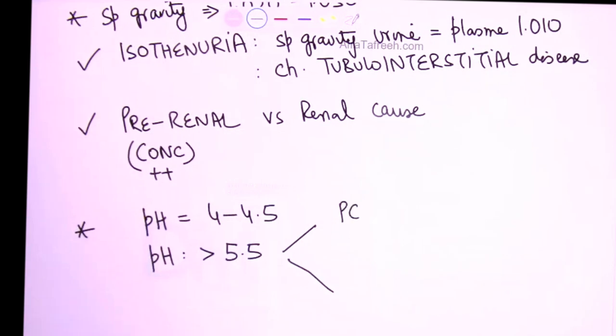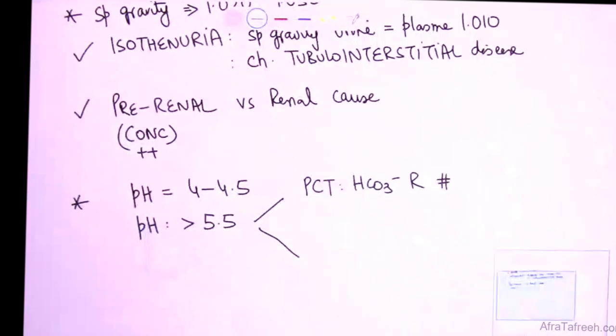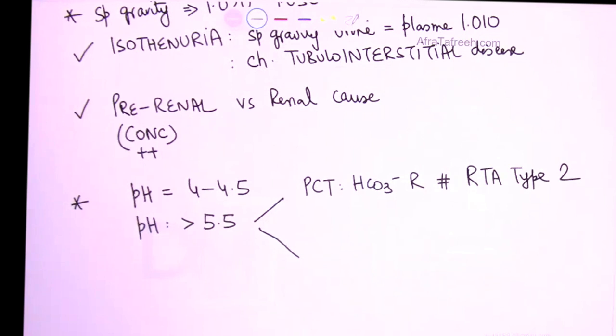One could be a disease of the proximal tubule, which is responsible for reabsorption of bicarbonate. If this reabsorption of bicarbonate is lost, then the person will have bicarbonaturia. Bicarbonaturia means that alkali is lost from the body, so there would be alkaline urine because alkali is getting lost in the urine. This would be called renal tubular acidosis type 2, where the function of the kidney with respect to reabsorption of bicarbonate is lost.